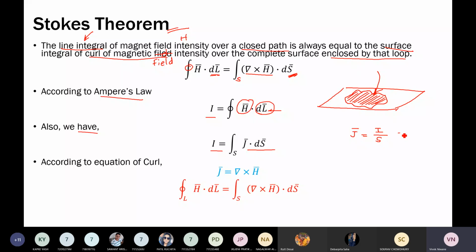So I is equal to J bar dot S bar. We have a relation between I, the current density and the surface area, and in integral form, J bar dot ds bar, the small surface area, is integrated over the surface.